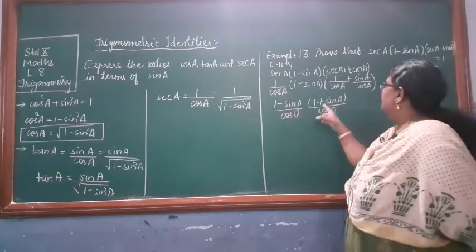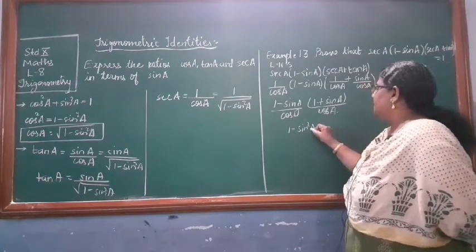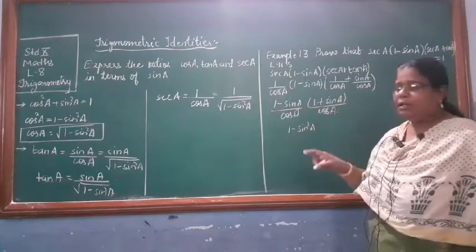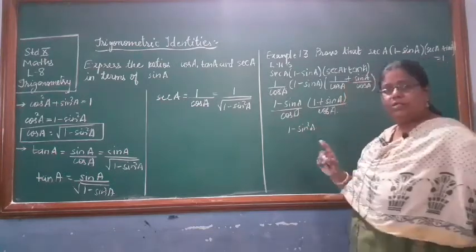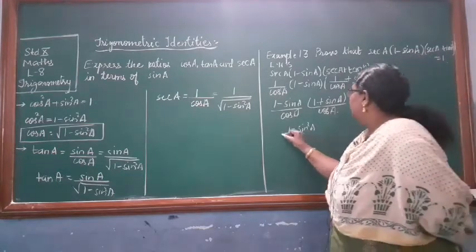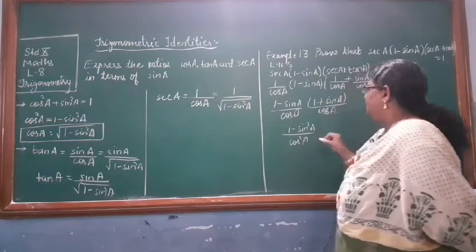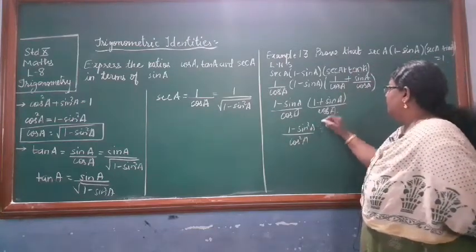Now 1 minus sin A into 1 plus sin A will become 1 minus sin square A, isn't it? A minus B into A plus B will be equal to what? A square minus B square. A square is 1 square minus sin square A. Now cos into cos will be cos square A. 1 minus sin square A is what?